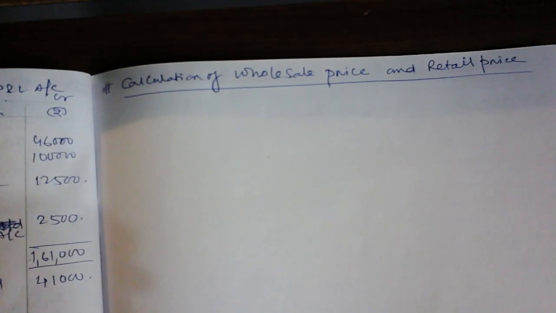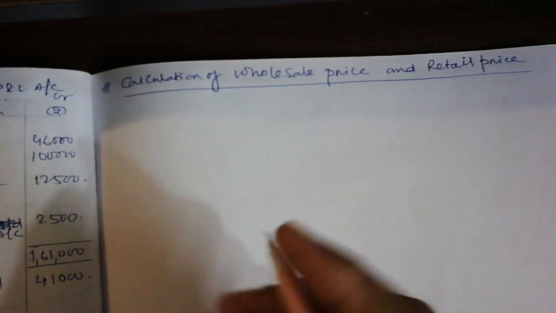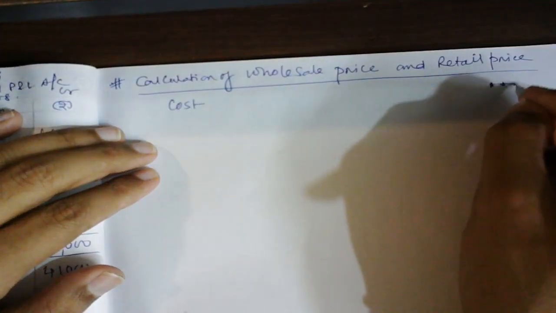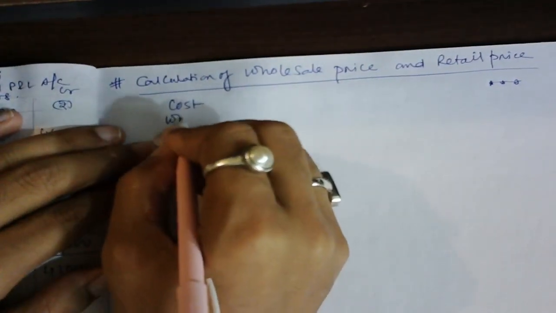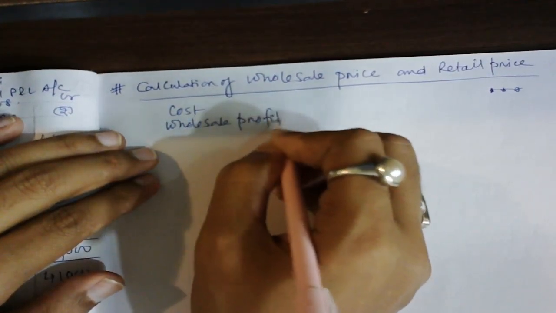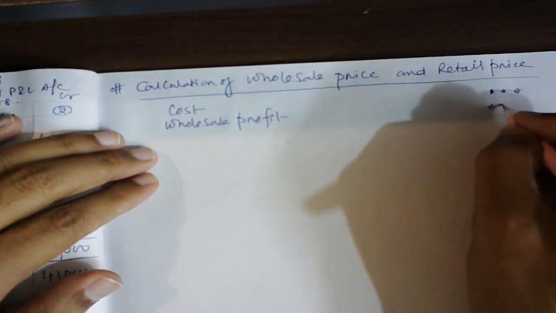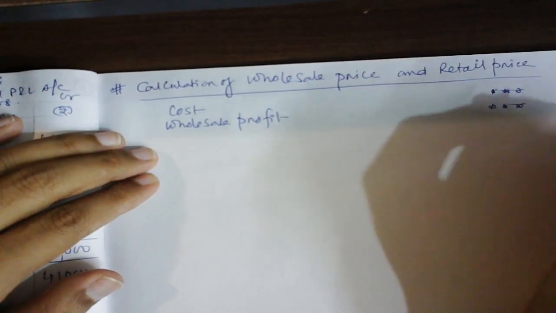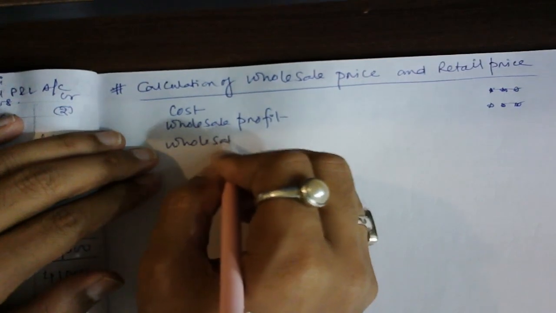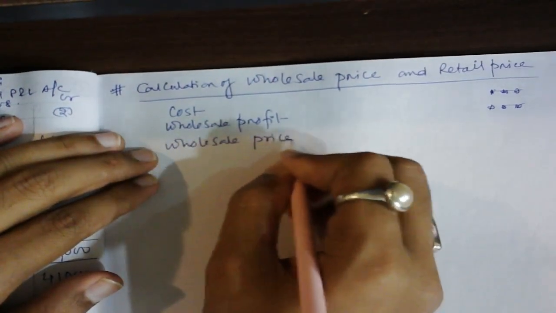Okay, so now let's try to do it. Cost here, wholesale profit here. After this we have wholesale price.